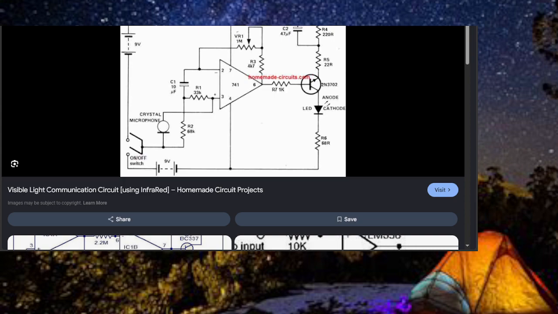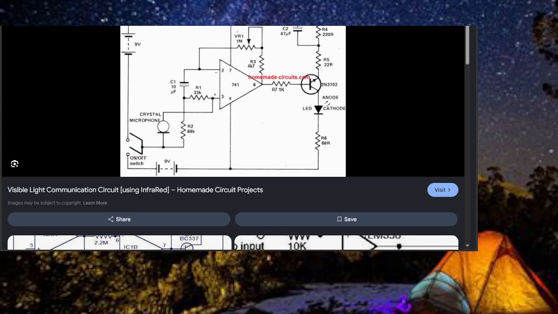Okay, let's file, save as JPG pictures. So this is going to be LW LT mod 1 circuit. LT mod circuit 1.